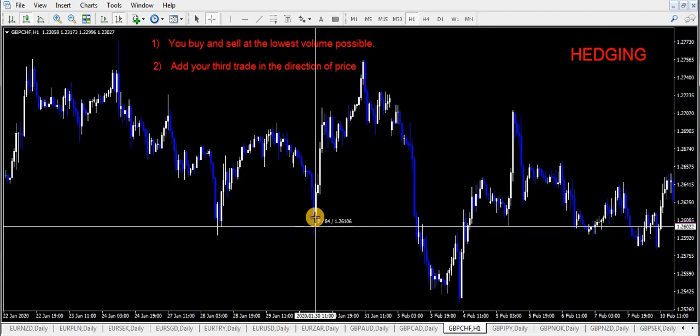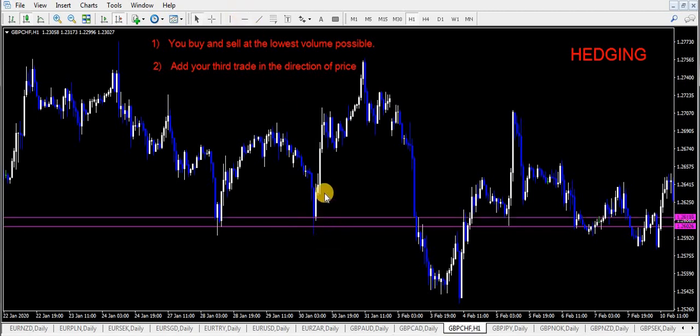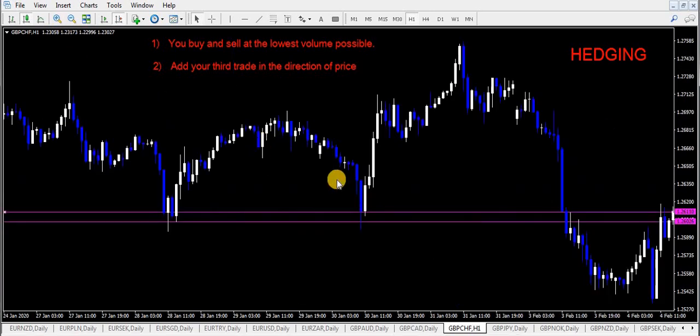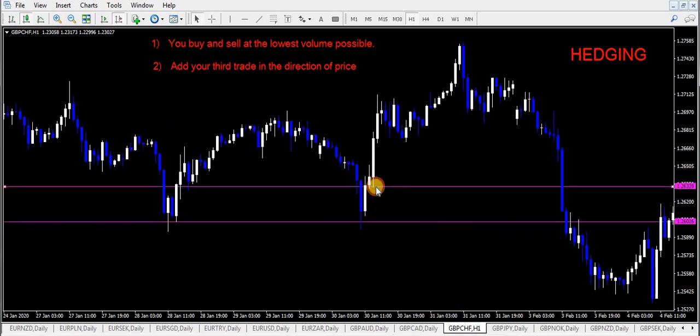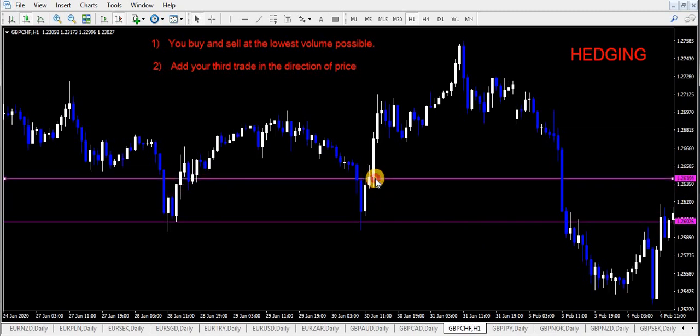Now though the market kept going up and you now put your third trade somewhere here because of the retracement, it's wrong. Even though the market kept going up, it might not be lucky all the time. Instead, it will be safer if you wait for like an hour. Let's say you waited for this candle before you put your third trade, or even waited for 2 hours, waited for this second candle before you were now sure okay, this market is going up.